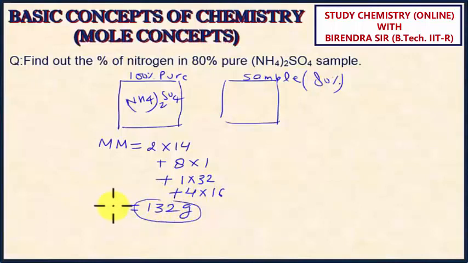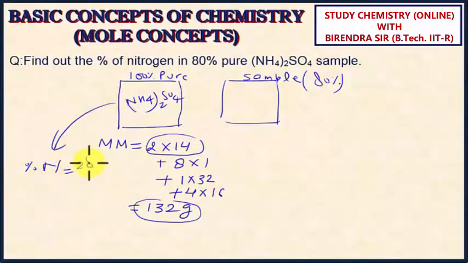Out of this 132, what is the contribution of nitrogen? 28. So, the percentage of nitrogen in this pure sample will be 28 upon 132 into 100. And the value comes as 21.212. This is the percentage of nitrogen in 100% pure ammonium sulfate.